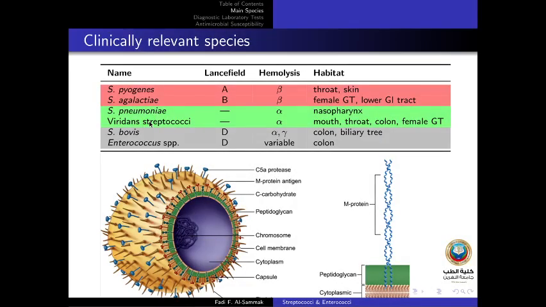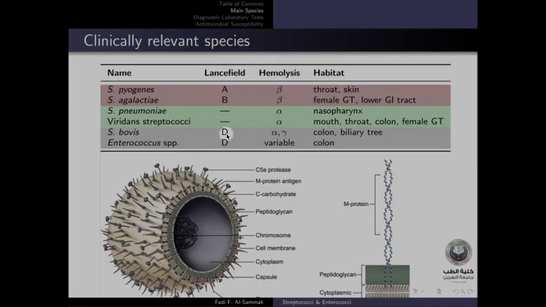The third group is characterized by Lancefield group D, and here the hemolysis is not reliable because of the variability this group shows. For example, for bovis, alpha and gamma hemolysis could be present, but in Enterococcus species, it is variable, so it can be alpha, beta, or gamma.